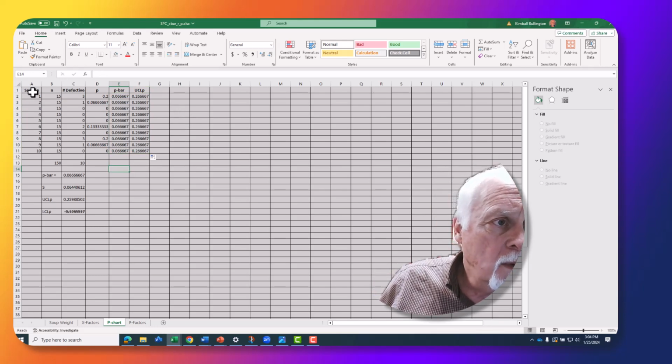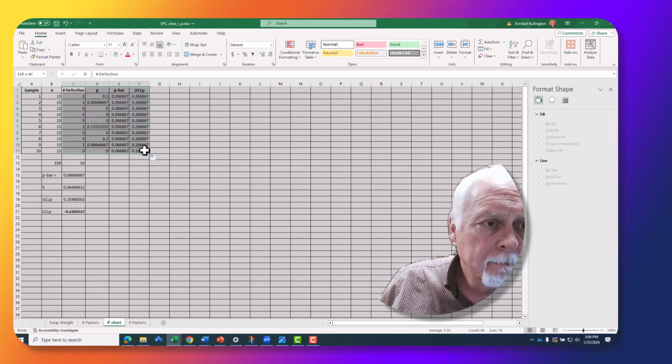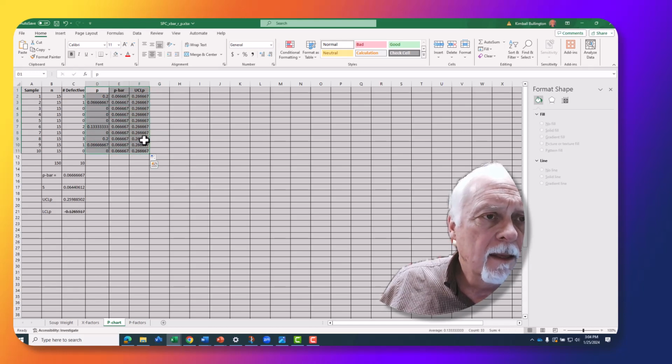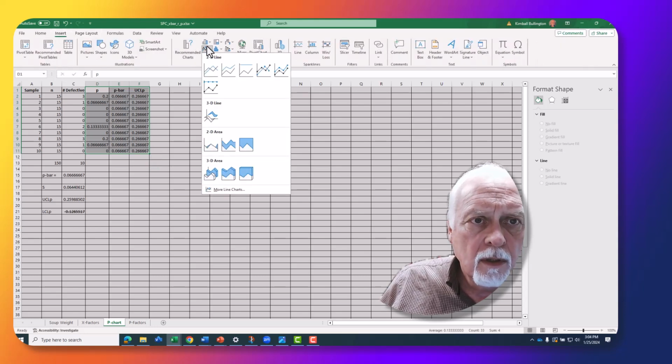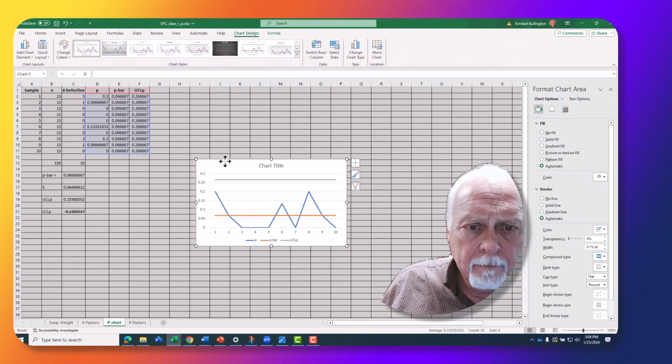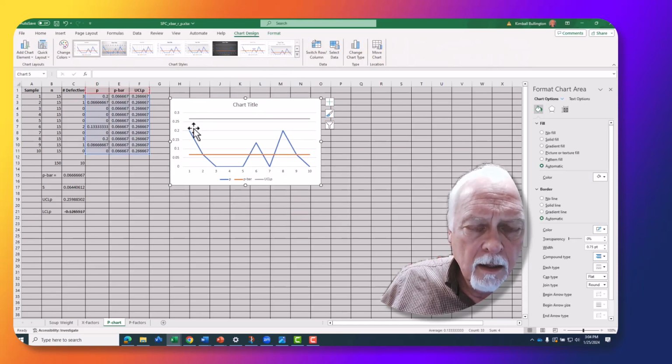So we will highlight this data. Actually, we don't want to plot the defective, so we'll just highlight this data and then insert. And we've got P, which is what we're plotting, P bar and upper control limit P's.